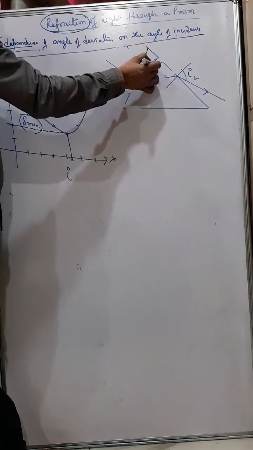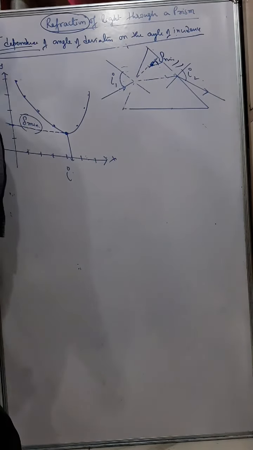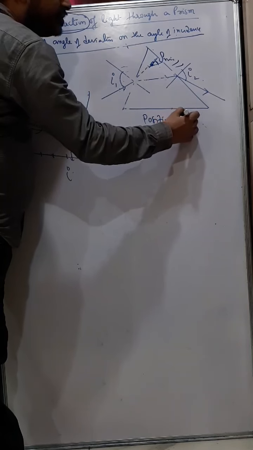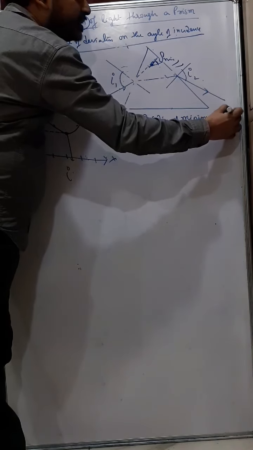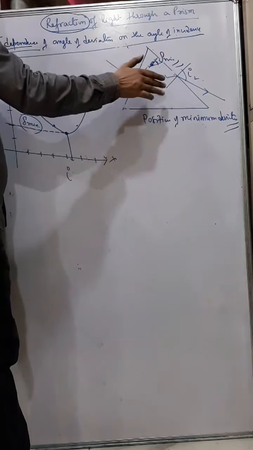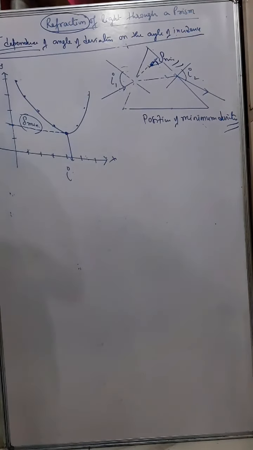So that value we got, we say it is the angle of minimum deviation, and that position of the prism we say is the position of minimum deviation, understand, because after this the angle of deviation will start increasing, so that position is called the position of minimum deviation.